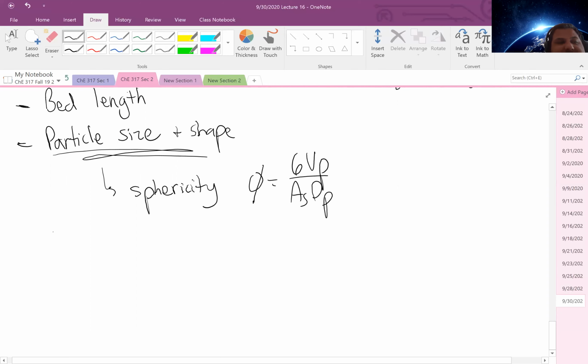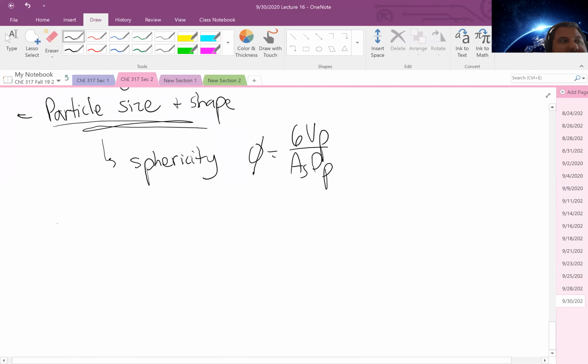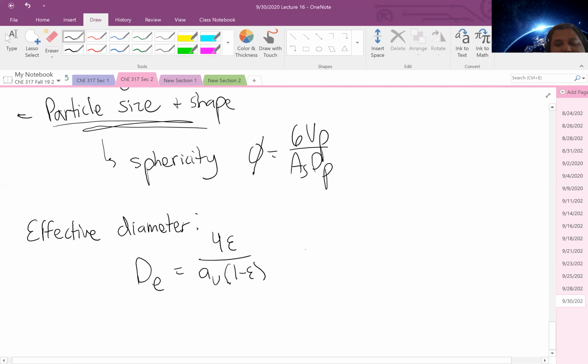One thing we also can consider is, for a packed bed, we're interested in its effective diameter, which can be solved in terms of d sub e is equal to 4 times epsilon over AV times 1 minus epsilon, where epsilon is our void fraction.